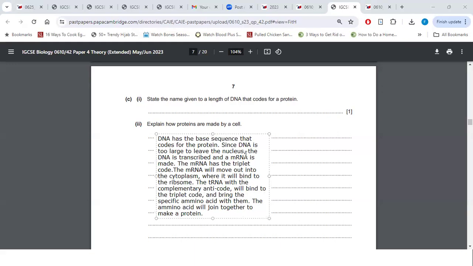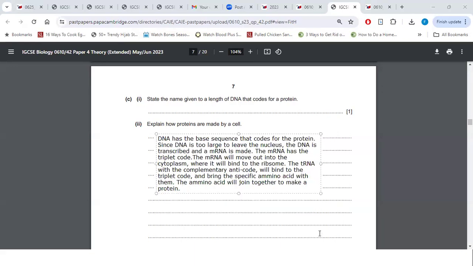So these are all of the points that you guys can include in your answer. DNA is too large to leave the nucleus, so it is transcribed. Messenger RNA is made. Messenger RNA has the triplet code. The transfer RNA has the complementary matching anticodon, so only that transfer RNA will come and bind to the messenger RNA.